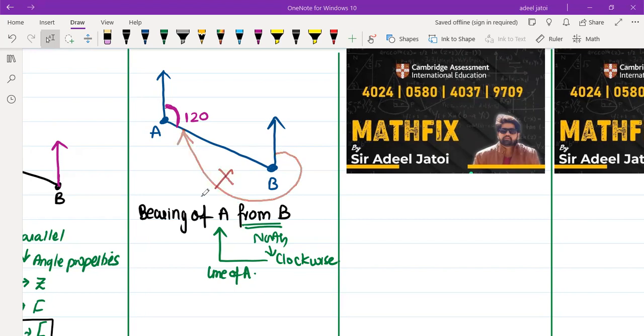Please do not do this. This is from the north to the line of A. Bearing of A from B means north of B to the line of A.